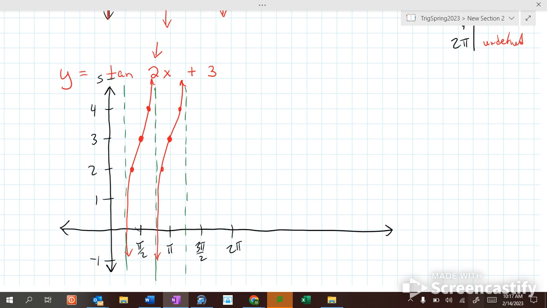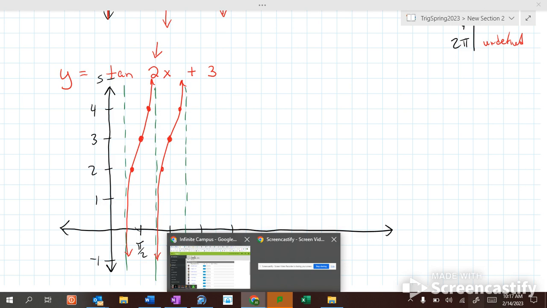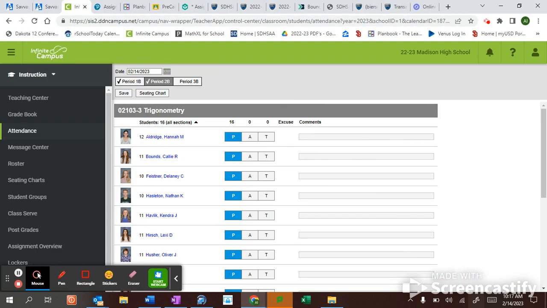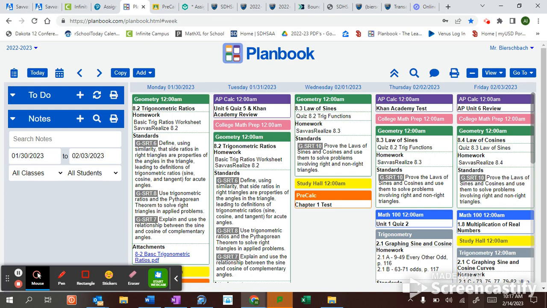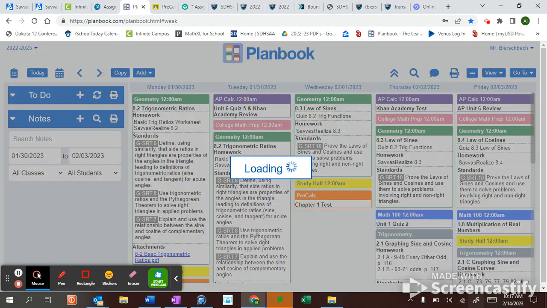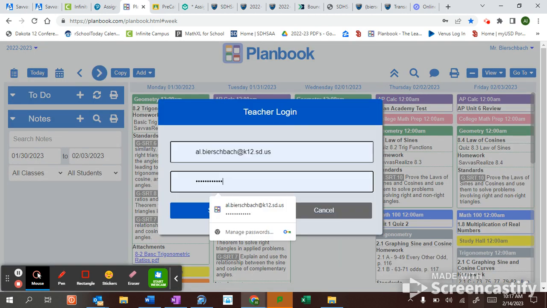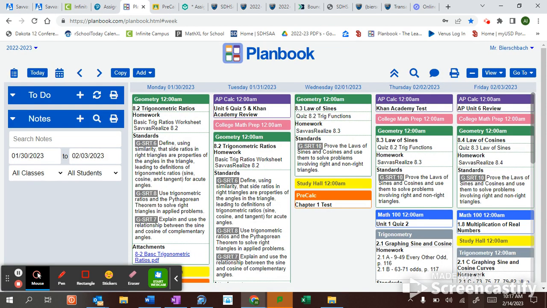How mean am I going to be today? Let me look. Plan book. Oops, this is not the right day. That's February 1st. Cancel. And it won't let me log in.